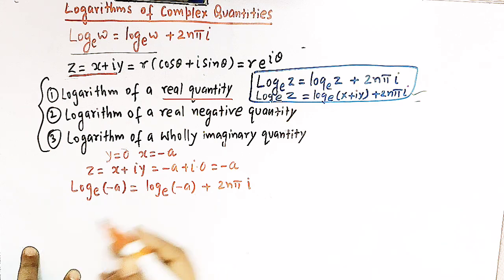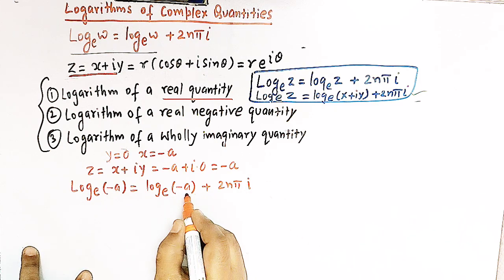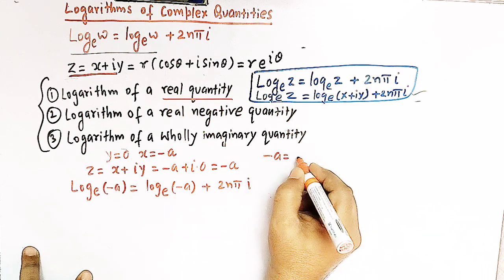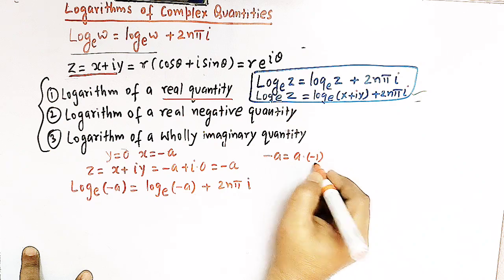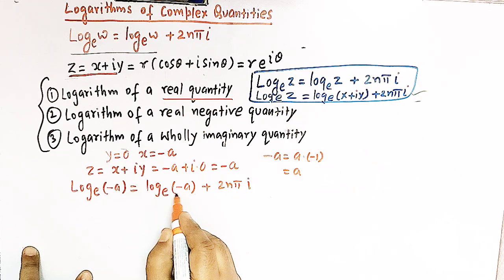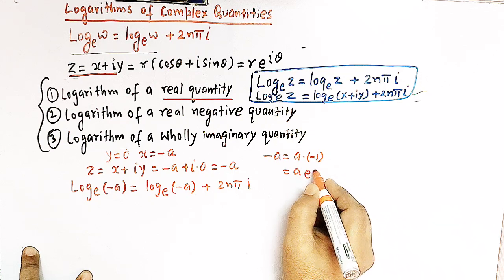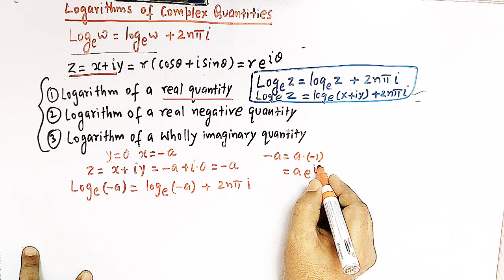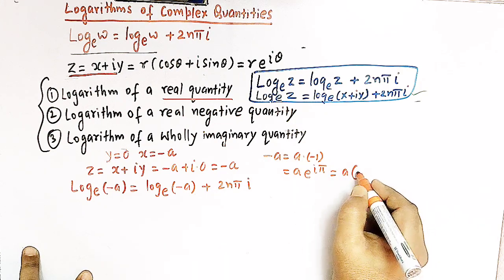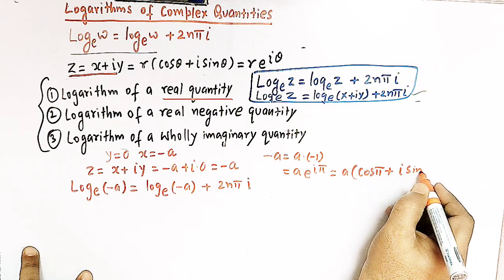Now we can further simplify this expression, because minus a can be written as a times minus 1, and if we express this number in polar form, then minus 1 can be replaced by e raised to iota pi, right? So here we have a times cos pi plus iota sine pi.